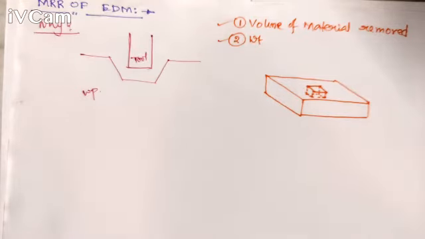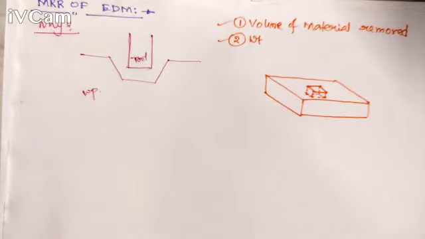Now there are many kinds of geometrical shapes which you can make on the workpiece. It can be a hexagonal shape, it can be a pentagonal shape. In this diagram I have given a square shape. So what you can do is find out the area of the hexagon, pentagon, square or rectangle, and the height. If you multiply them, then you will find the volume.